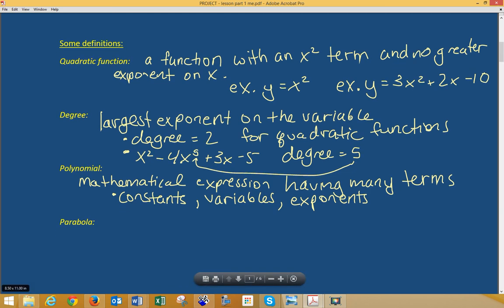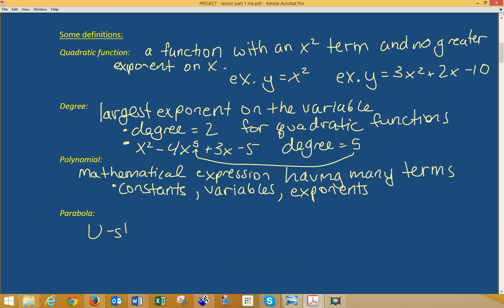And a parabola is a U-shaped graph formed by a quadratic function.